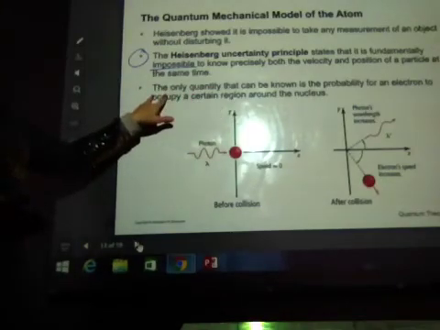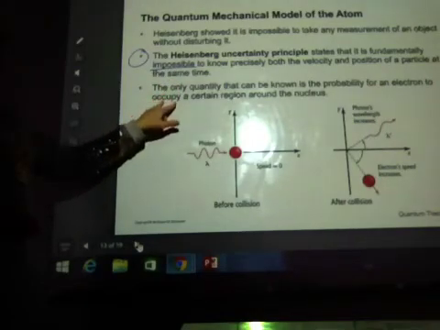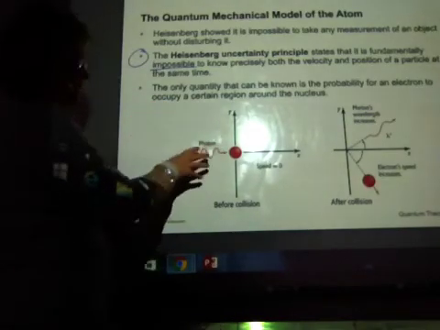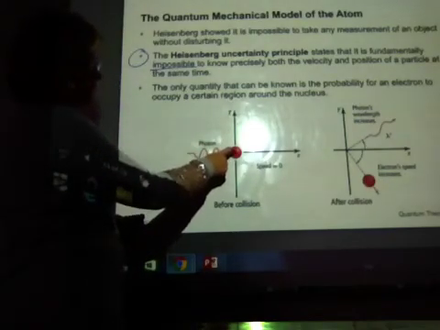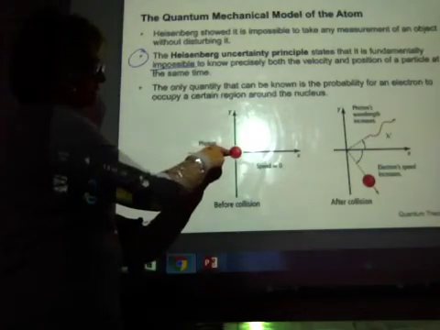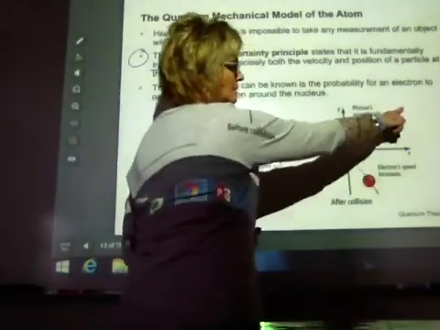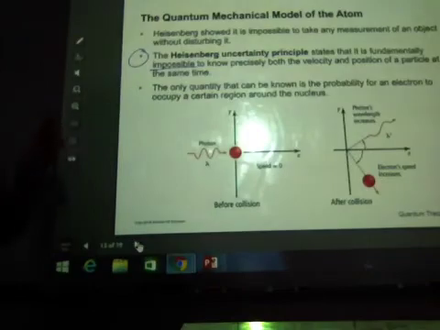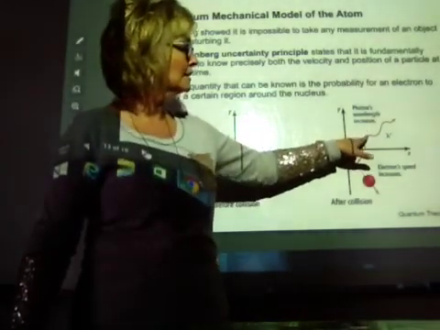So the only quantity that he could come up with is the probability for an electron to occupy a certain spot. So here's a photon, a little packet of light. It hits an electron. When this hits the electron, it's going to be deflected. So my photon goes this way, and my electron goes that way after they have collided. And then I can study this as a wave.